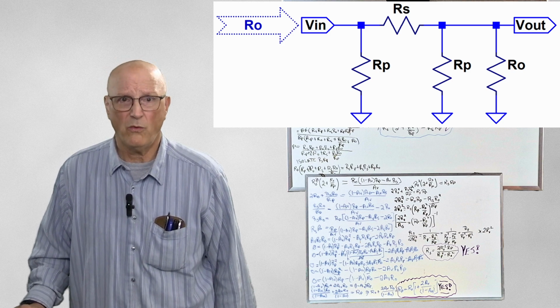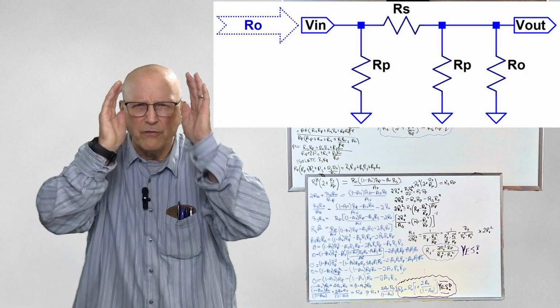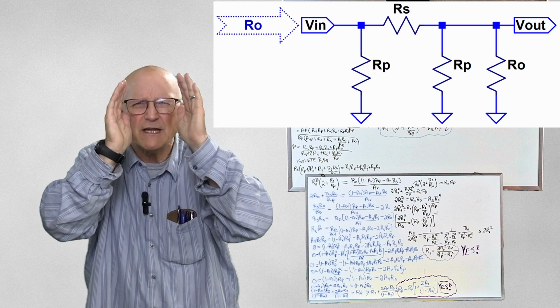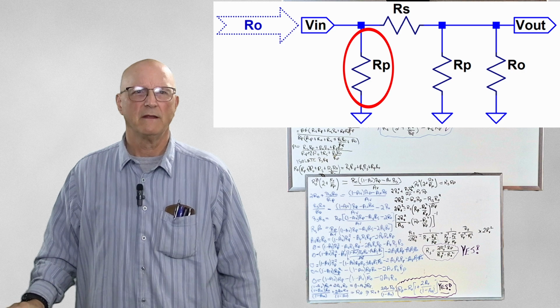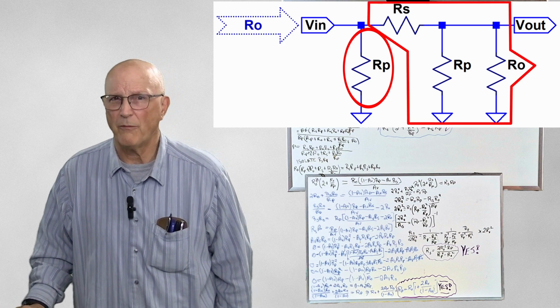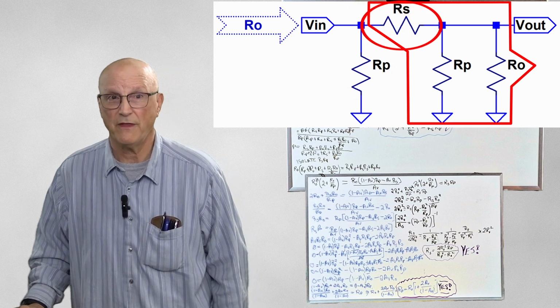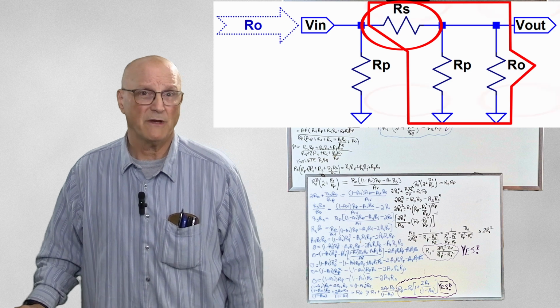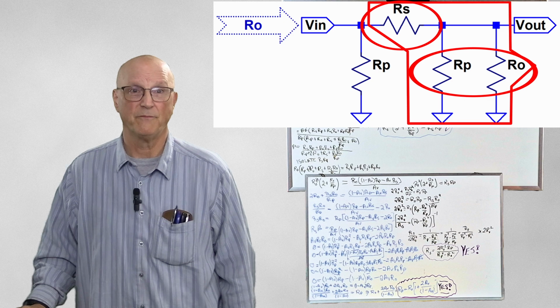Now, we need an equation which defines this impedance. Looking in through the input port, the first thing I see is the parallel resistor RP. But there is a network of resistors in parallel with RP, which consists of RS in series with the parallel combination of RP and RO on the output side.